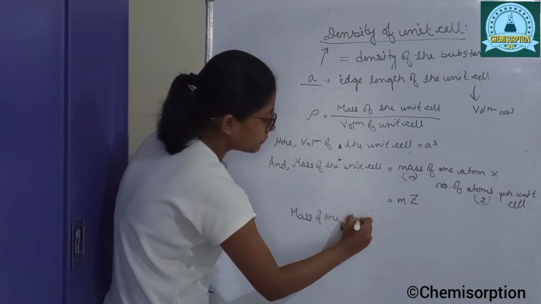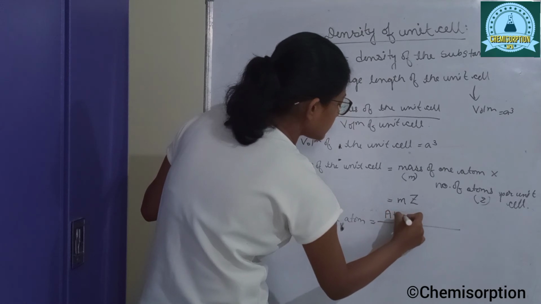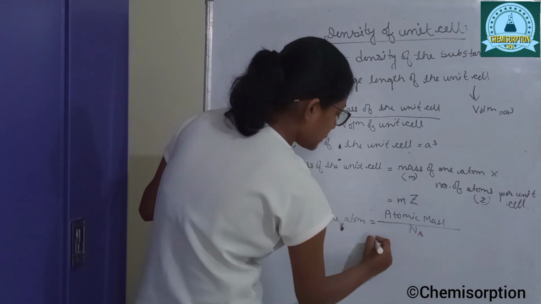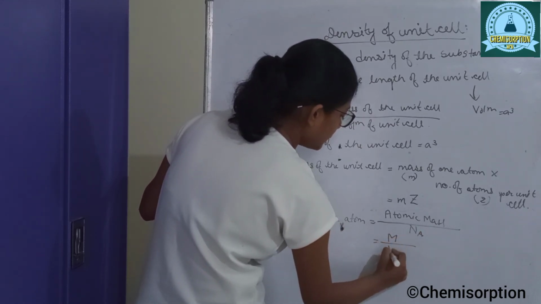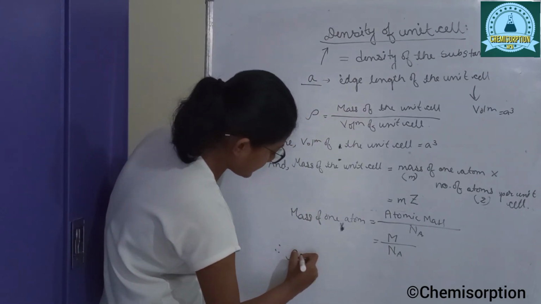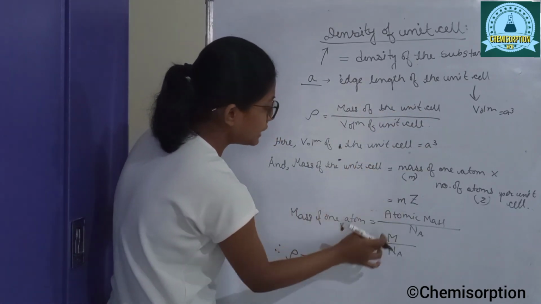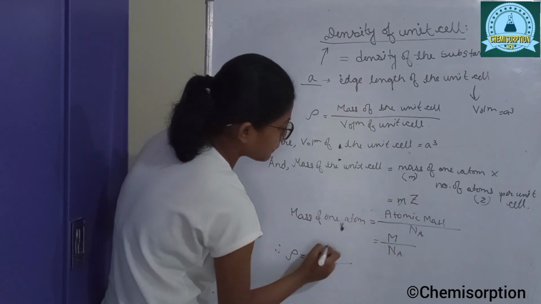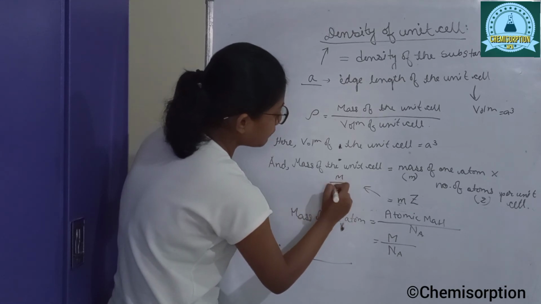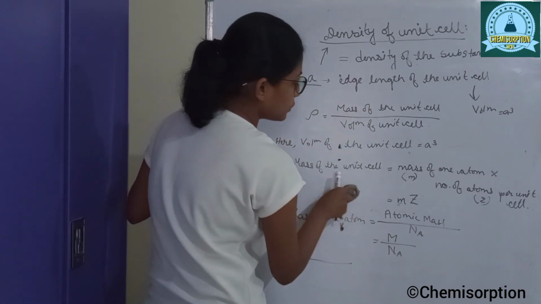Now mass of one atom, again you see, mass of one atom is equal to what? Atomic mass by Avogadro's number, and atomic mass can be denoted as capital M divided by Na. Therefore density will be mass of the unit cell, which is mz, where m is M by Na, into z, right?